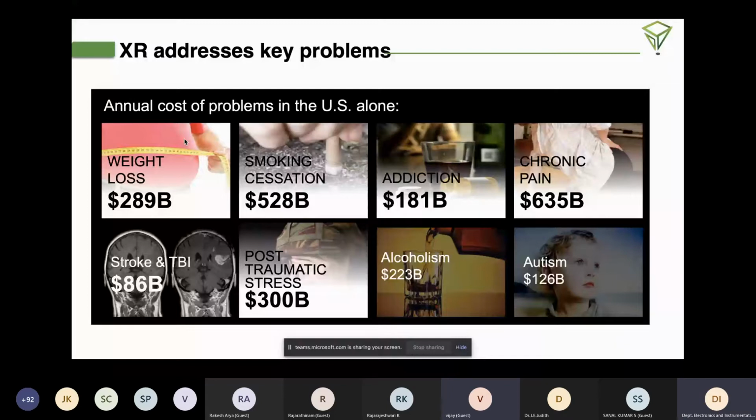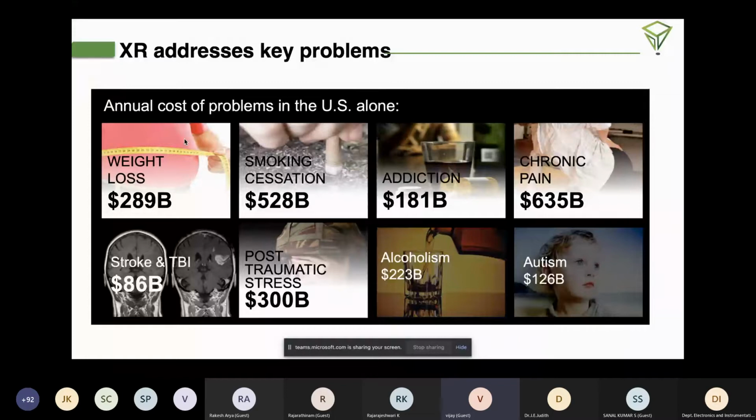Thank you. So if you look at it, XR addresses all those areas, and these are all big ticket items. If you look at it, the number, right? You're looking at $200 billion, $500 billion, $1 trillion, and especially in the current pandemic world, there is a huge burden on healthcare around the world on mental health, right?